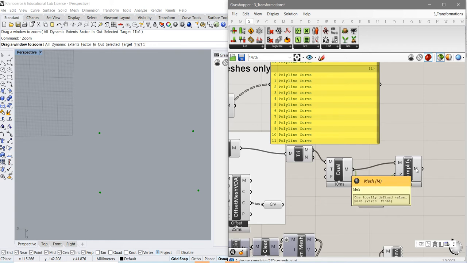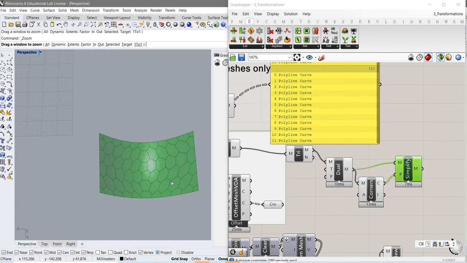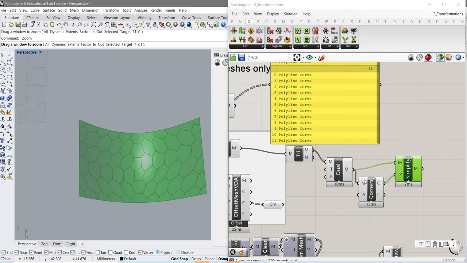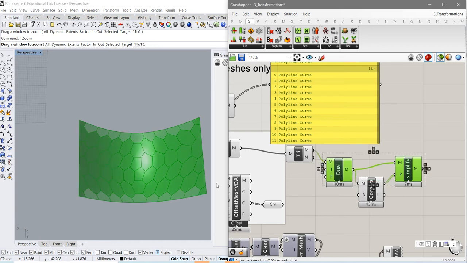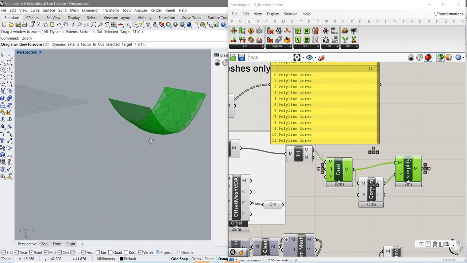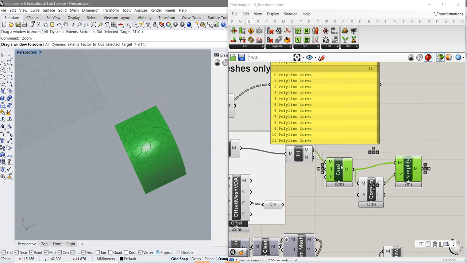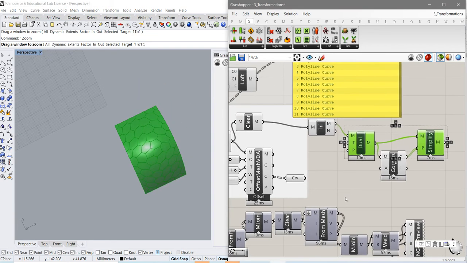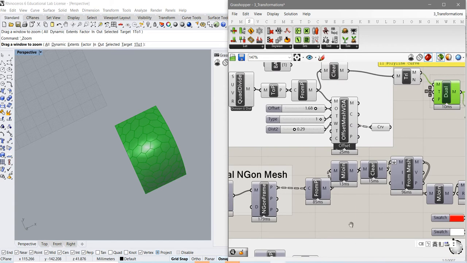Now it's 200 and 364. You get fewer vertices and fewer panels, and I think the resulting mesh is more useful for construction.